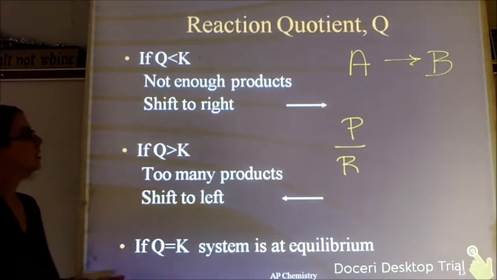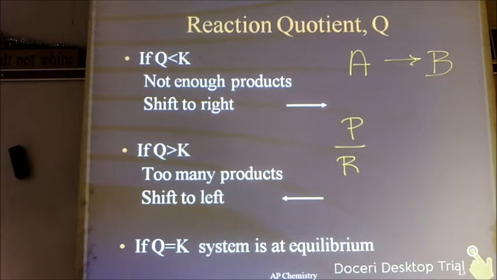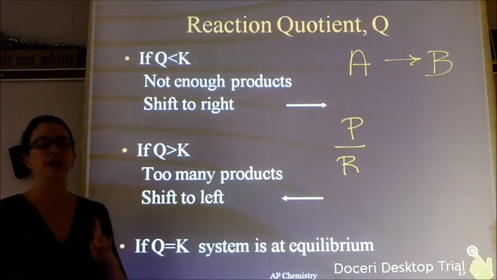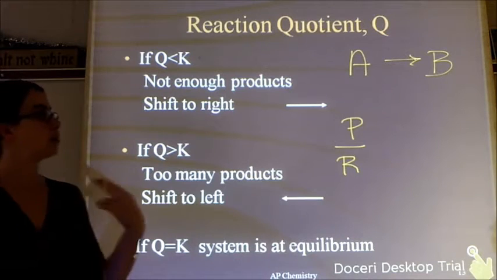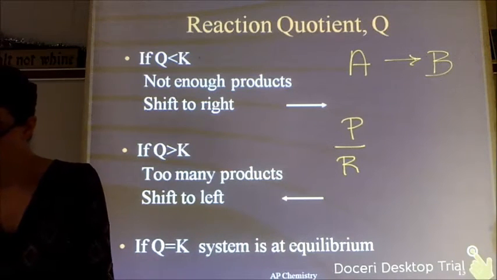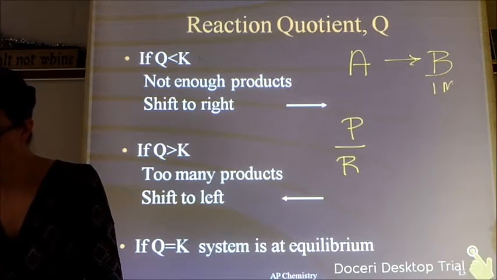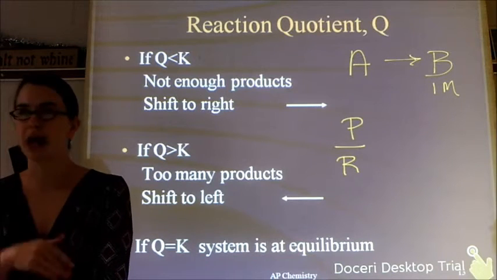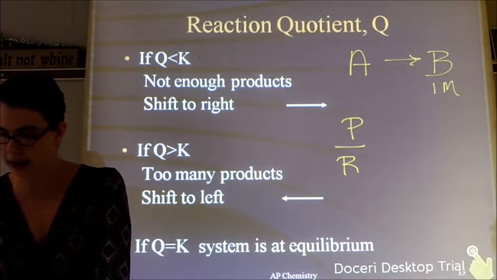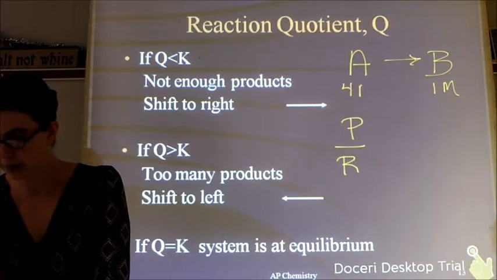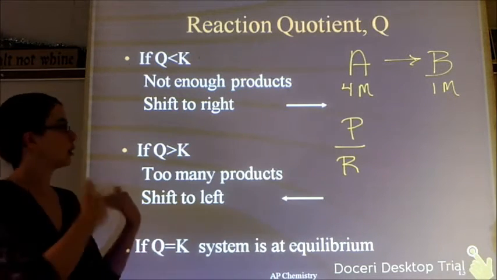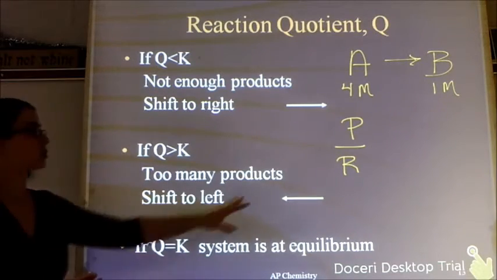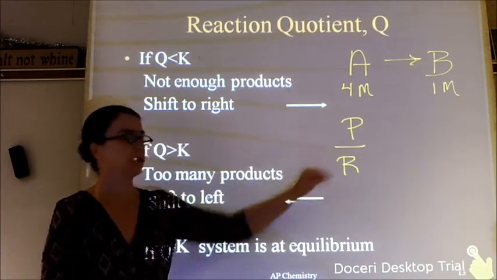Let's say that we are not at equilibrium, and I'm going to give you some numbers to work with. Let's say that my product B has a molarity of 1 molar, and my reactant A has a molarity of 4 molar. Remember, Q is calculated the same as K, so I'm going to plug these numbers right in here.